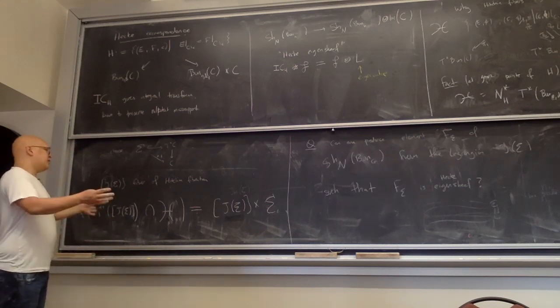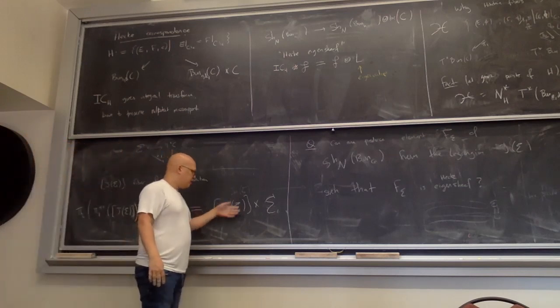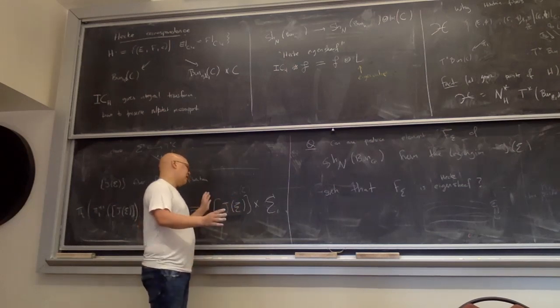So if I had some kind of sheaf theory for which I could have a sheaf whose microsupport was this thing, which we don't know how to do at the moment because this is not exact, but never mind.